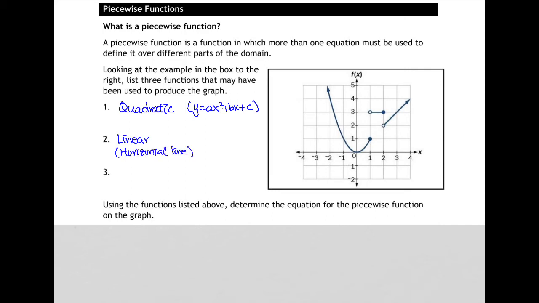So the equation is in terms of y equals a number. The next one you can see is also a straight line, which is also a linear relation. But this time the equation will be y equals mx plus b.